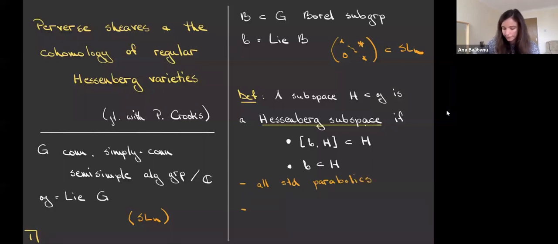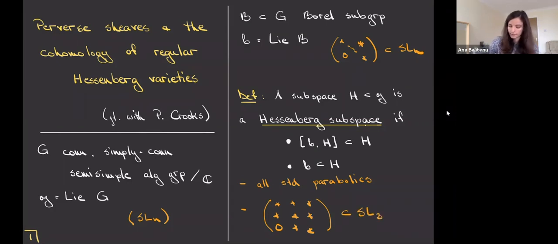But in general, H is not required to be a subalgebra. So I could have, for example, the subspace of 𝔰𝔩_3 where I include the Borel and the negative simple root spaces, and in the lower left-hand corner, I just put a 0. This is going to be one of the examples that we talk about.